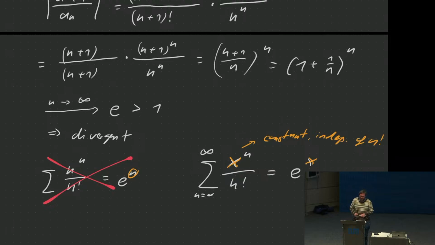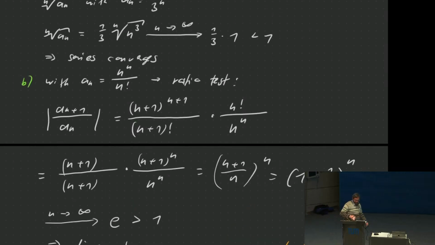All right, any other questions about this one? Yes. The factorial? Okay, the factorial, easy. So here I have n plus 1 factorial, here I have n factorial.